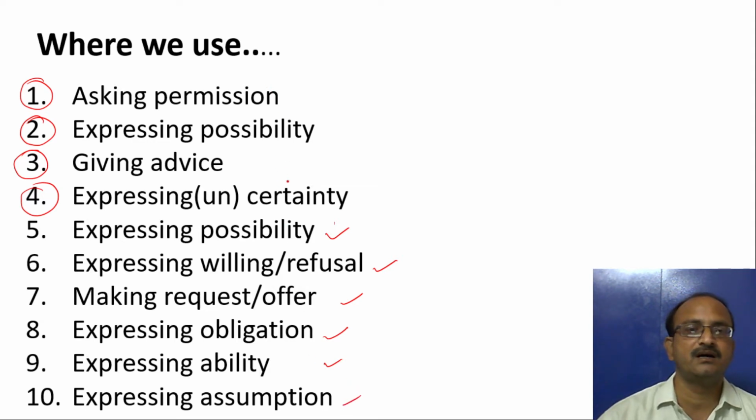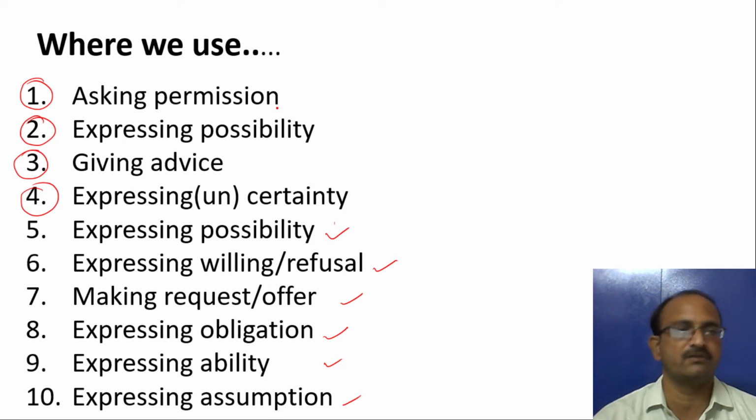These are the duties these modal verbs do for us. If you want permission, use one modal verb; likewise for possibility, advice, uncertainty, willingness and refusal, request, offer, obligation, ability, and assumption. In all these functions, we use modal auxiliaries.